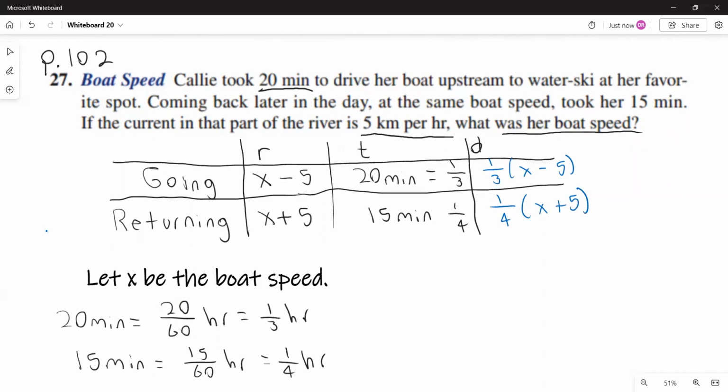So all we need to do to find the boat speed is make the distances equal, because the distances are the same. So we need to solve 1/3 x minus 5 equals 1/4 x plus 5 for x.